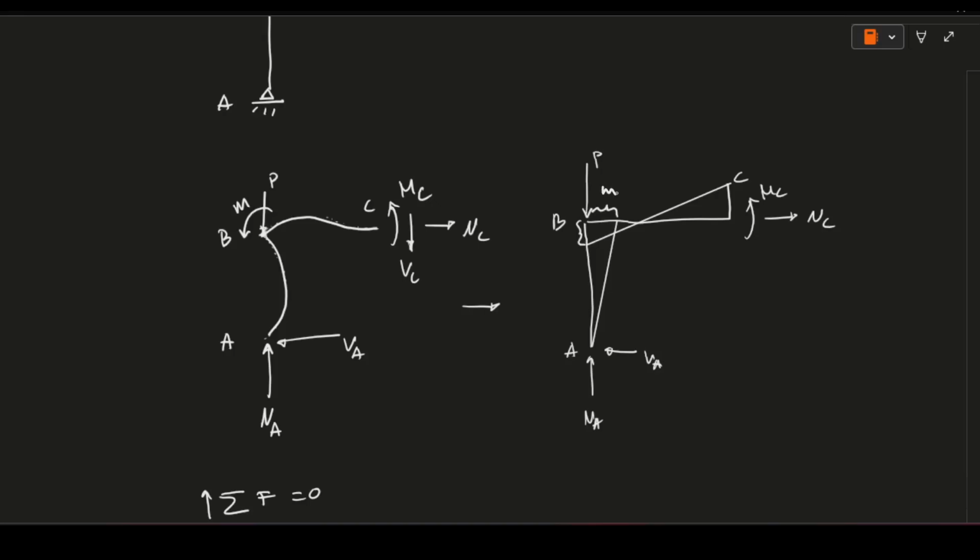There is a moment there that's equal to that moment. So that's why we can assume that there is some moment M at point B.